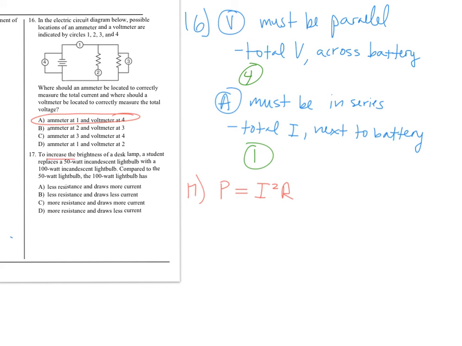If you think back to some of our labs, when we're increasing brightness, that means we're adding more current. And as a result, when you add more current, resistance follows as a result, a decrease in resistance. So here, choice A is the only one that fits that bill.